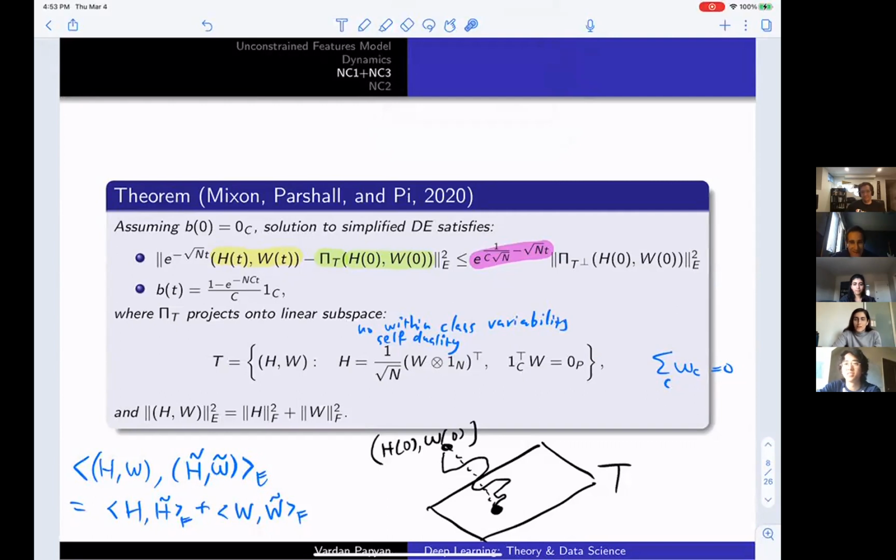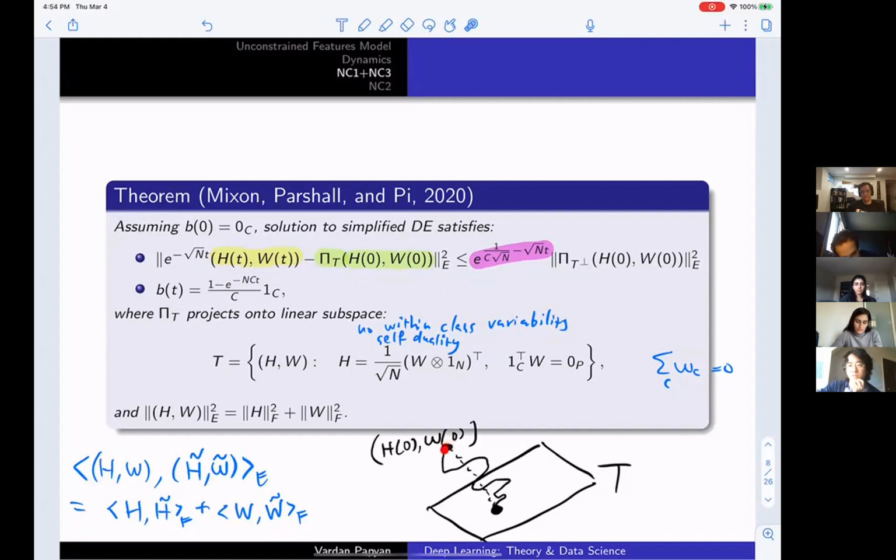What this says, again, just to emphasize, is that your optimization algorithm is going to converge to a point which is the projection of your initialization onto the subspace.